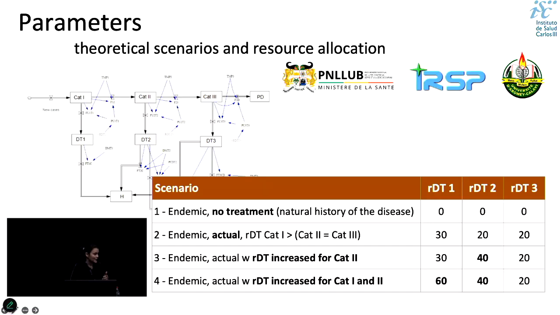The first one is the no treatment scenario, where we recreate the natural history of the disease without resources for diagnosis and treatment in any category. The second scenario increases these strategies for category 1, the third for category 2, and the last scenario increases them for category 1 and category 2.